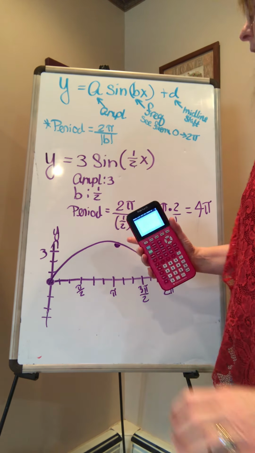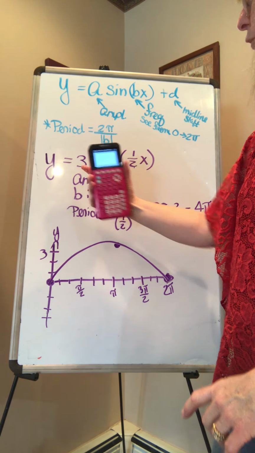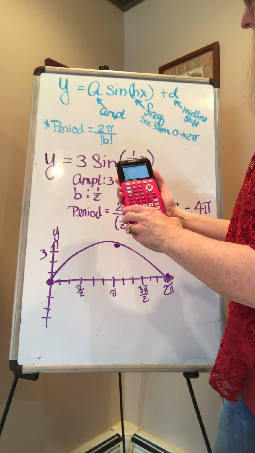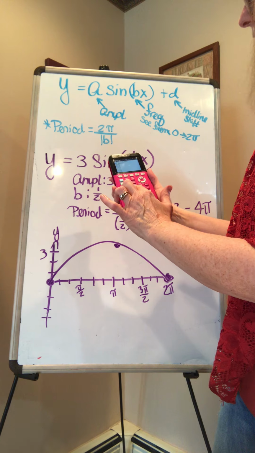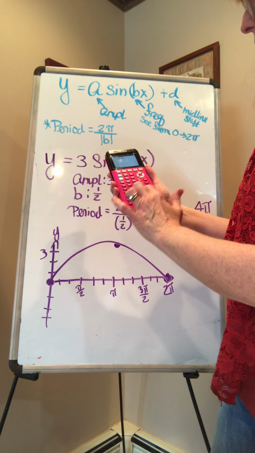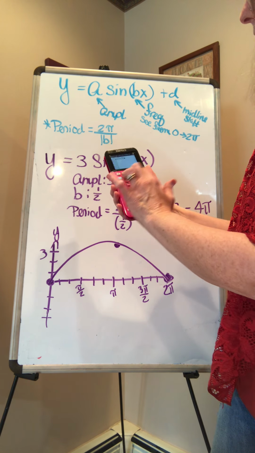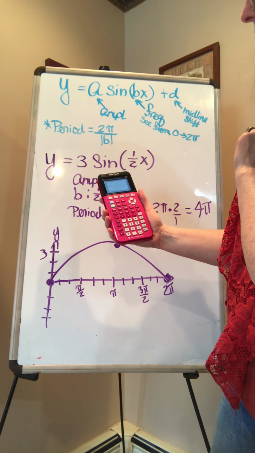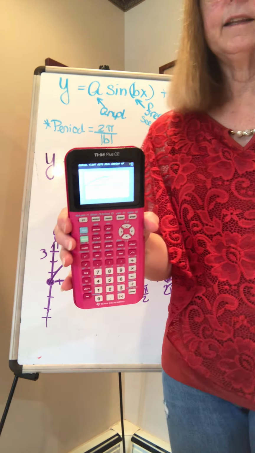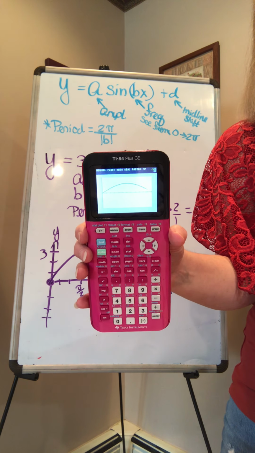All right, now if we want to just test this one, let's go back to y equal, and now let's write in 3 sine, and now let's put in the 1 divided by 2x, close the parenthesis, let's hit graph, and look at that, we're getting the exact same graph we just made.